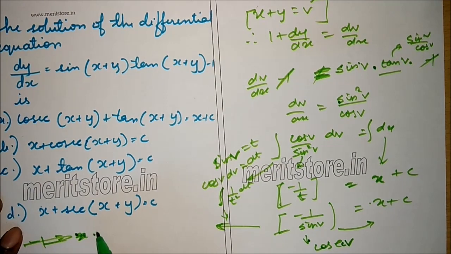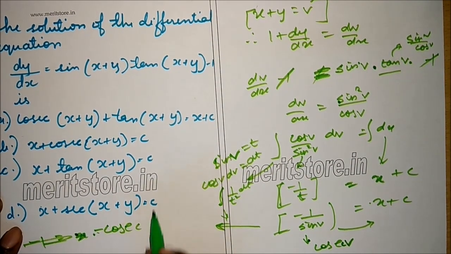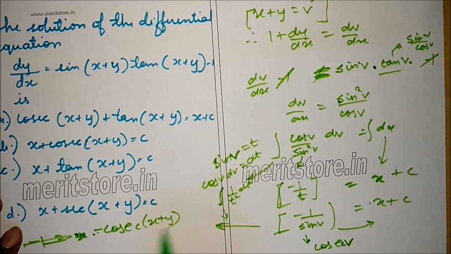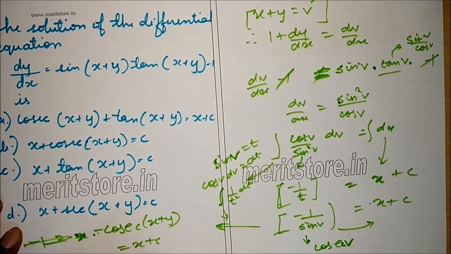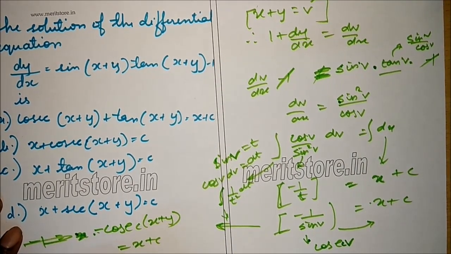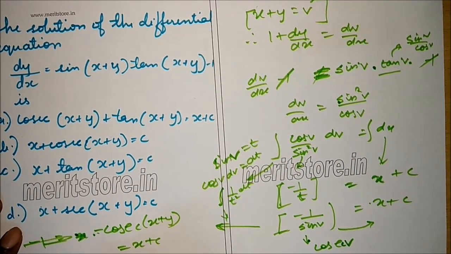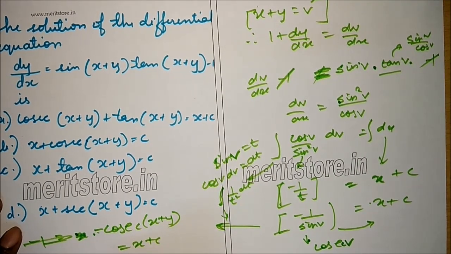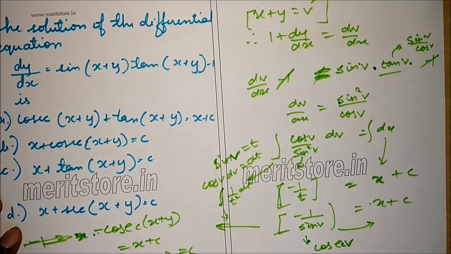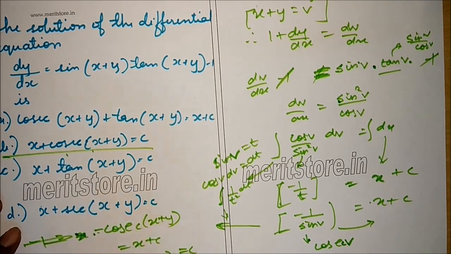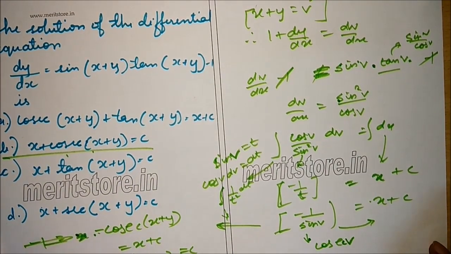So minus of cosec v is x plus c. Therefore x plus cosec (x plus y) is equal to c, which is option B. X plus cosec (x plus y) is equal to c, which is the answer.